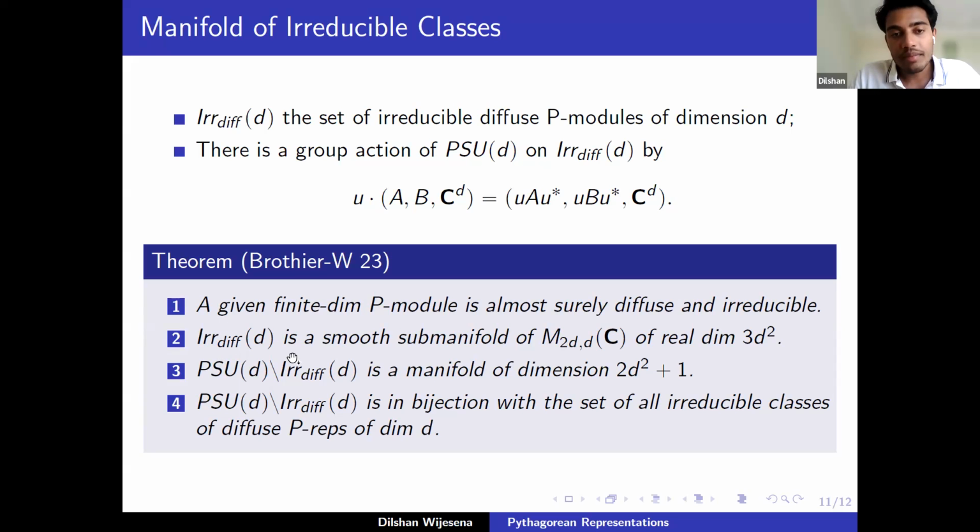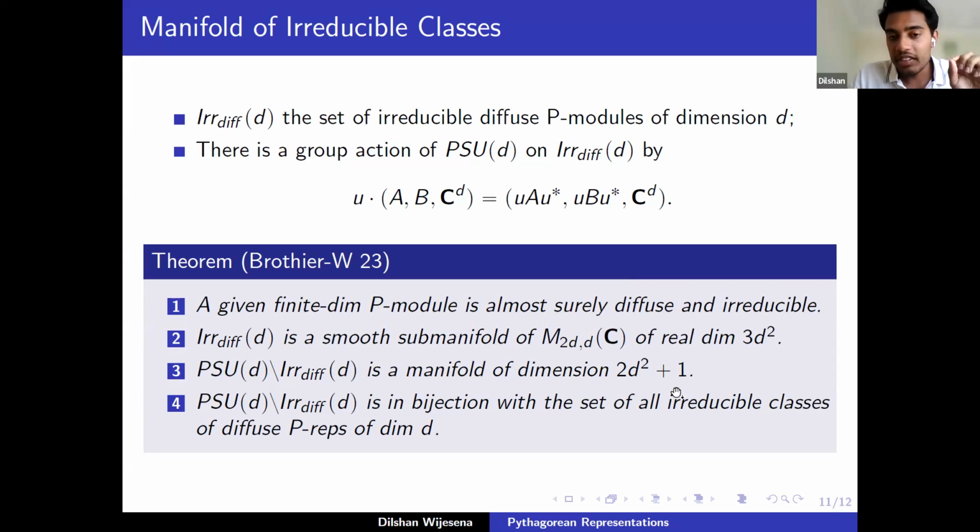Moreover, this set here is actually a manifold of dimension 3D squared. Moreover, if you consider this group action here, the orbit space of this group action is going to form a manifold of dimension 2D squared plus 1.